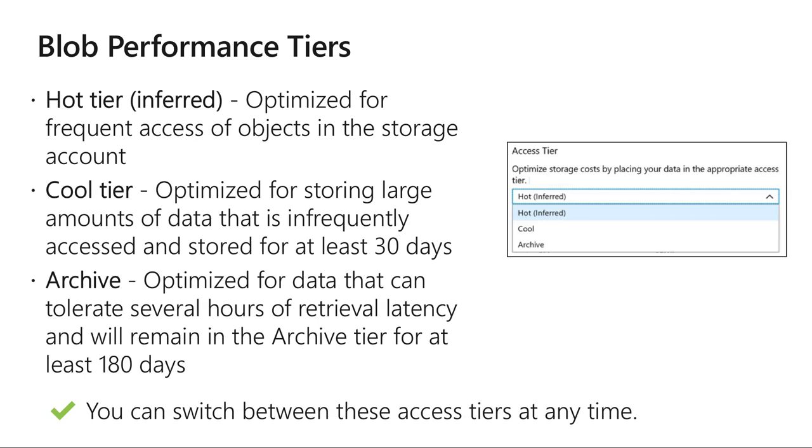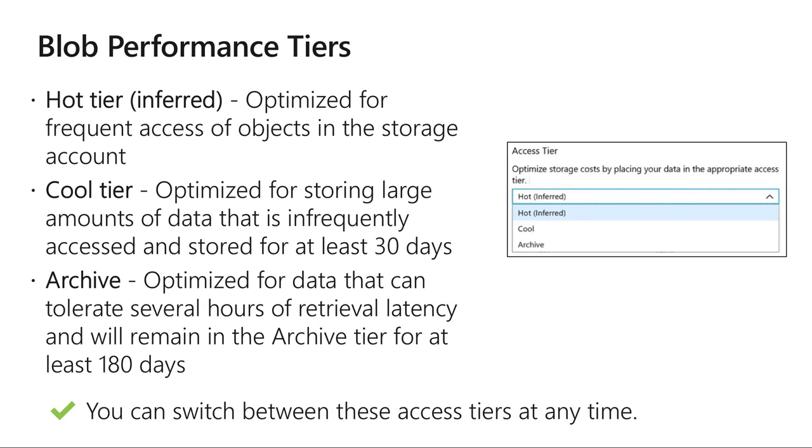Any new storage account is created in the hot tier by default, as we saw in the UI. What is cool? The cool tier is good for storing a large amount of data that's infrequently accessed and stored for at least 30 days. Storing data in the cool tier is more cost effective, but accessing that data may be somewhat more expensive than in the hot tier.